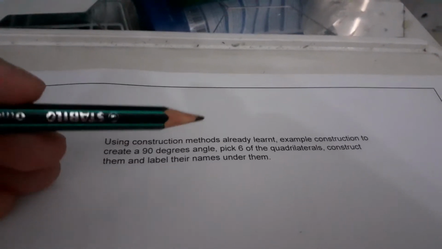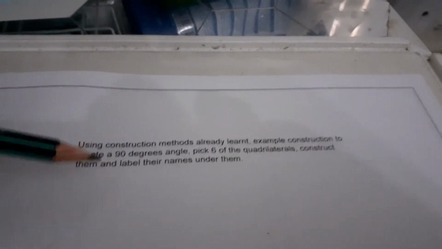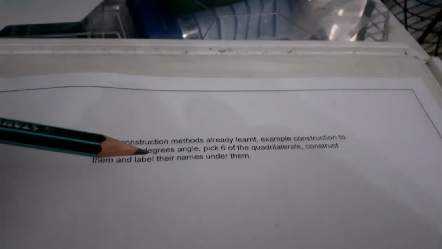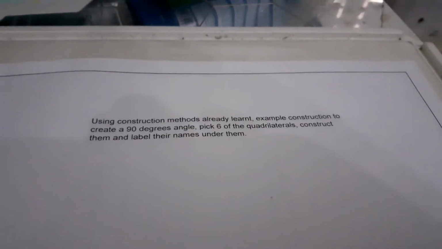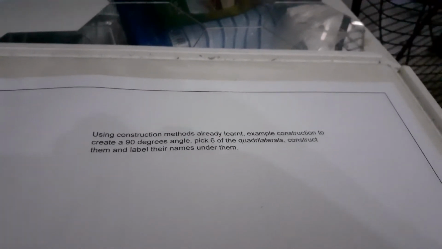For example, the construction to create a 90 degrees angle. Pick 6 of the quadrilaterals, okay? Any 6 you want out of these. Pick 6 of the quadrilaterals and construct them and label their names under them, okay? So, label their names. When I say label, use lettering, okay?